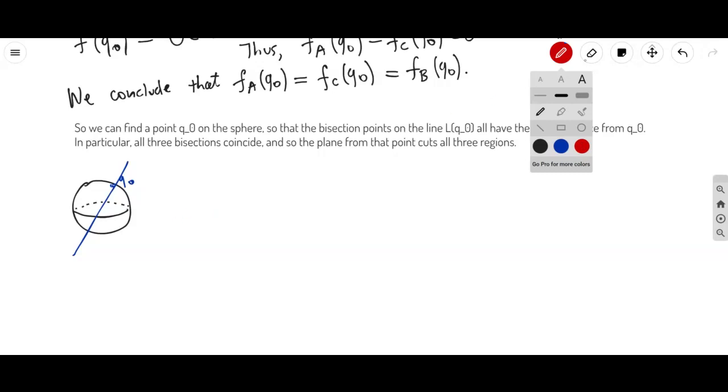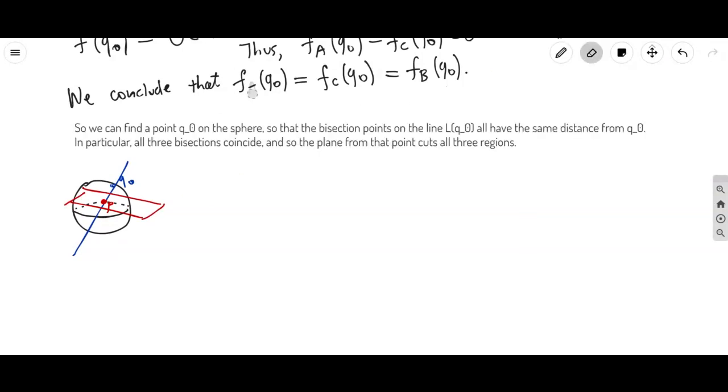So somewhere on this line there is a bisection point. Let's say it's located over here. That's P. That's the bisection point. And FA of Q0, that's the distance between Q0 and P. And this is the bisection point that bisects this body. So this just means that if you were to draw a plane through that point, it will bisect this region A.